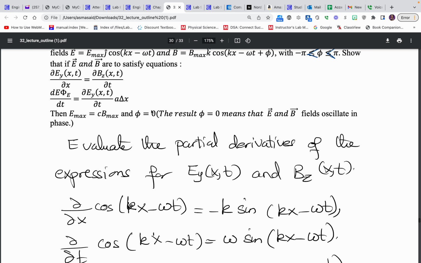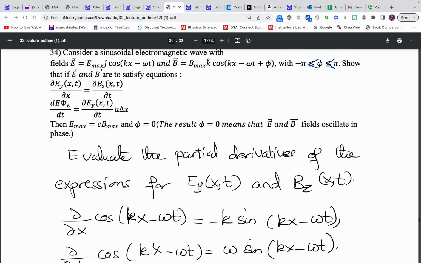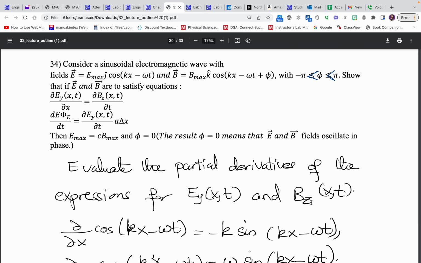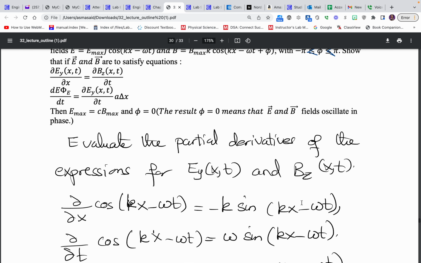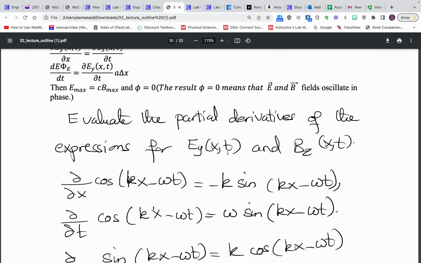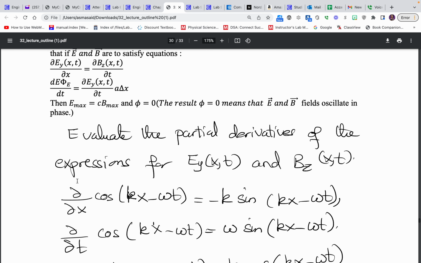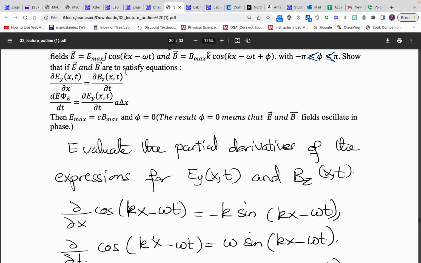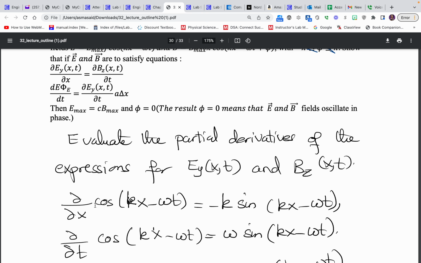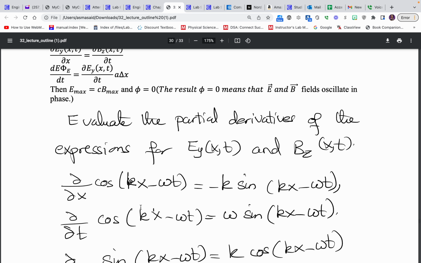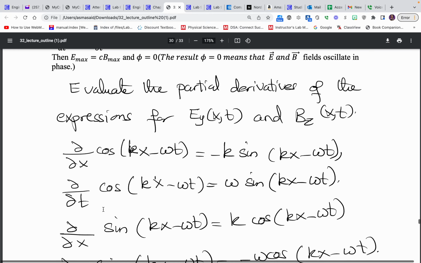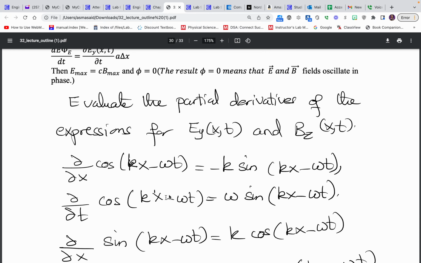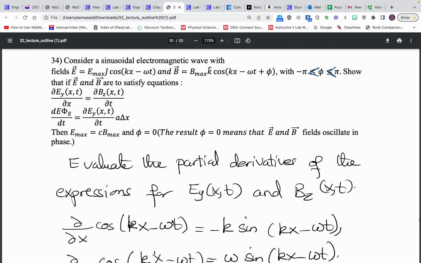First, we're going to evaluate the partial derivatives of the expressions for E_y(x,t) and B_z(x,t), because we need to find that derivative. We differentiate E_y, and this is the result, and we differentiate B_z also.